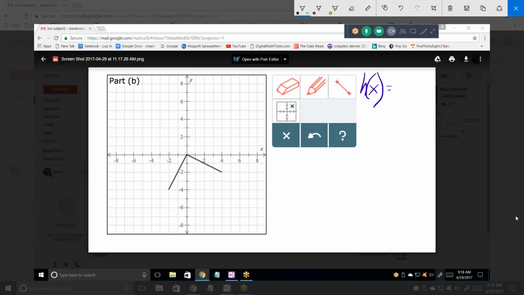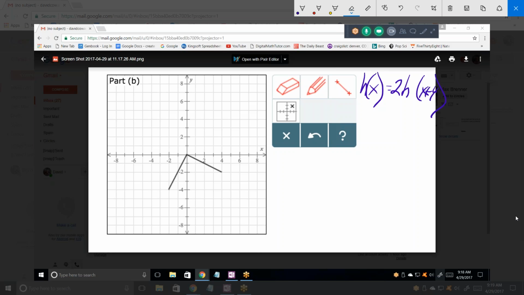Well, yeah, it's h of x. What is it? It's 2h times x plus 4. No, there's no multiplication symbol. Oh, okay. I don't know why I put one in there.